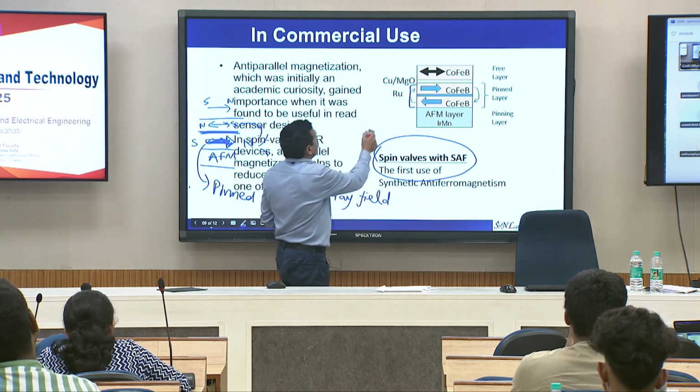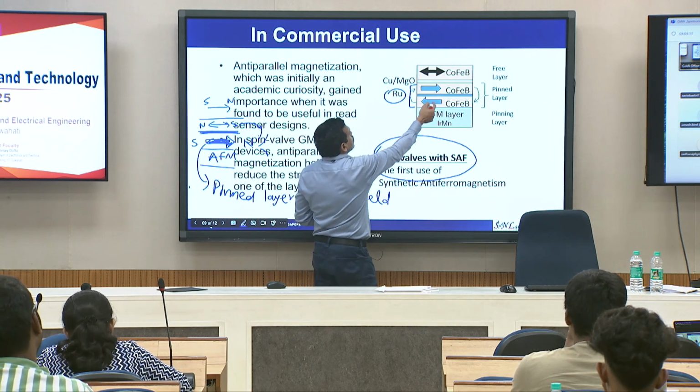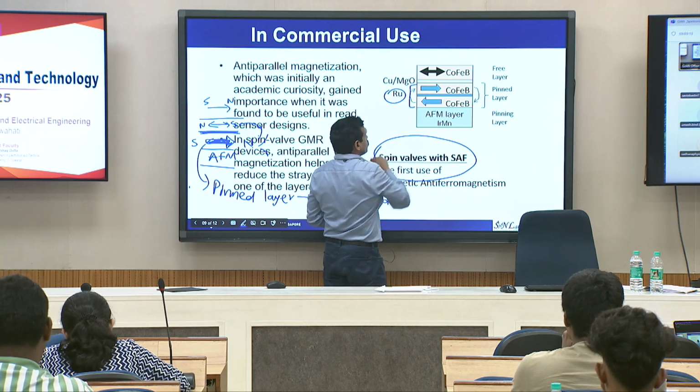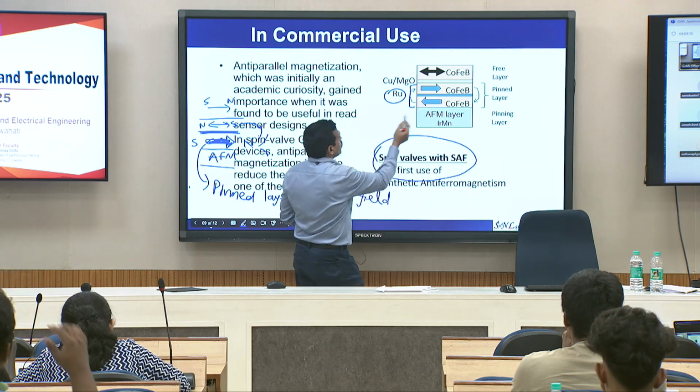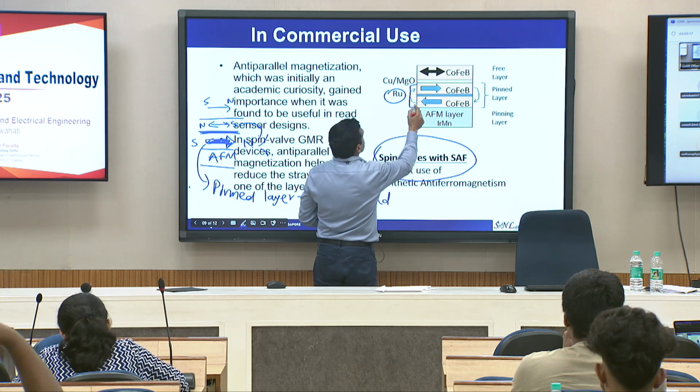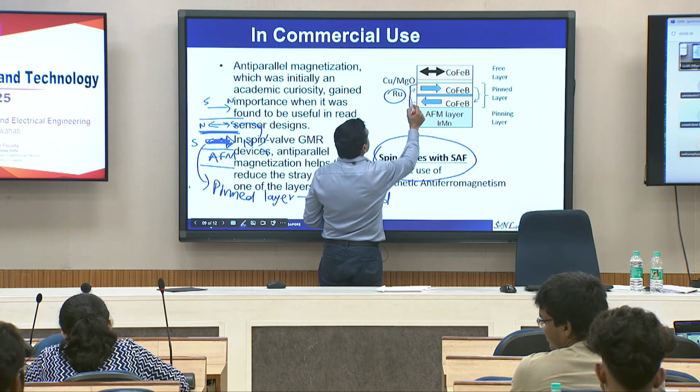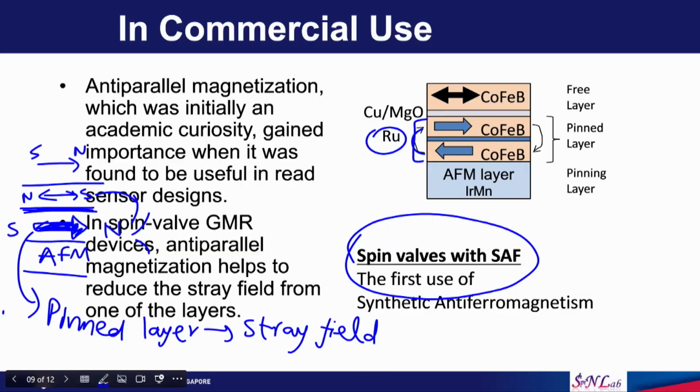Because of the ruthenium, these two layers will have antiparallel magnetization. Now if you look at the stray field, the field from this layer will go here, and the stray field generated by this layer will go here, and none of this stray field will go to the free layer. So, now the free layer is not affected by the stray field of the pinned layer.